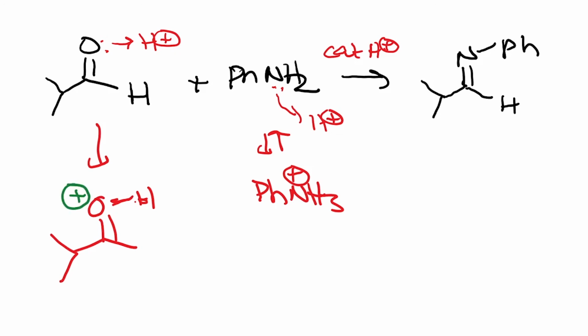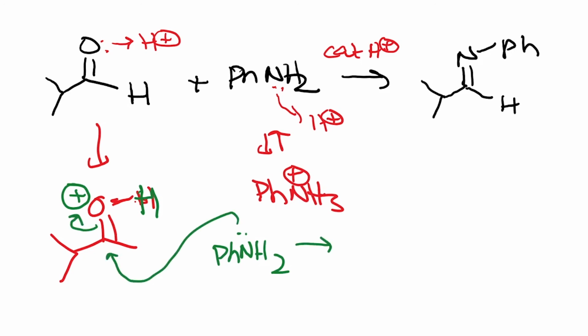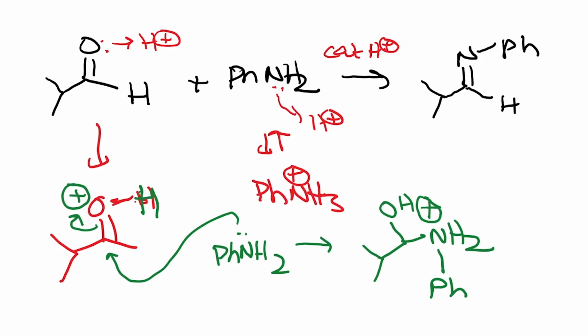This OH+ is actually quite a nicely activated carbonyl substrate, and now your amine, which is in fairly large concentration compared to the proton, can attack, and you will expect to get an intermediate where you have OH and you have NH2Ph, and keep in mind that this positive charge is still here. Now let me draw this intermediate up in the next slide.